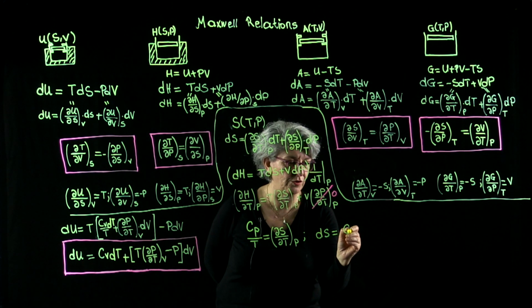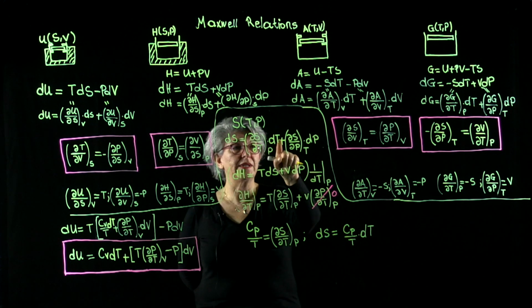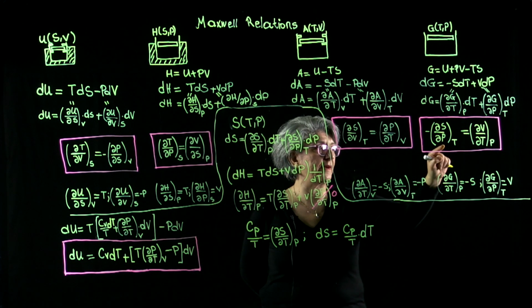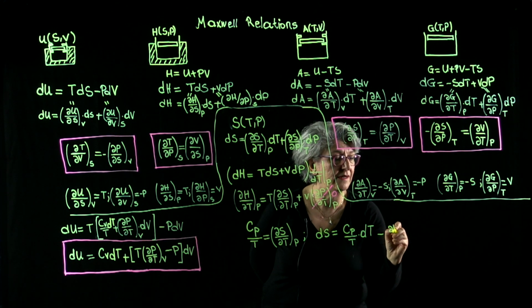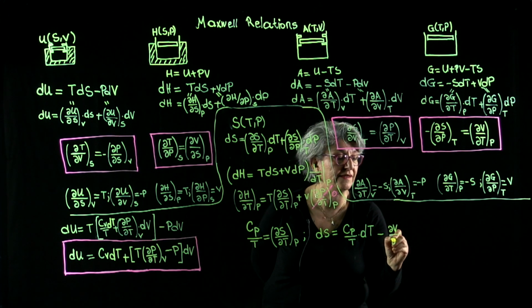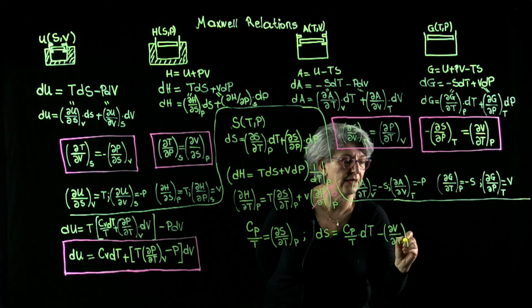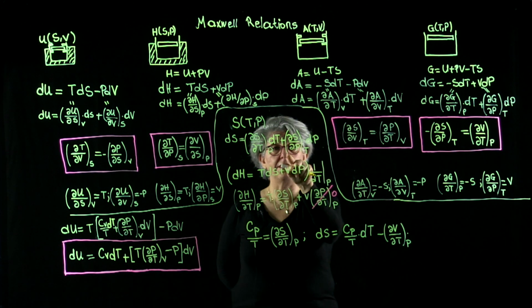This is Cp over T times dT, plus del S over del P at constant T. We found it from the Maxwell relationship. Minus del V over del T at constant P times dP.